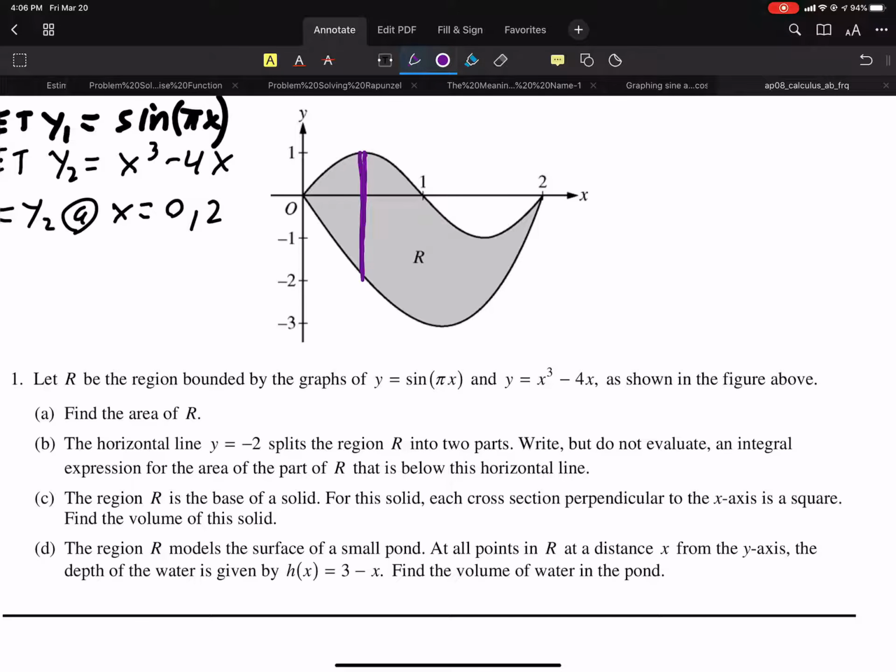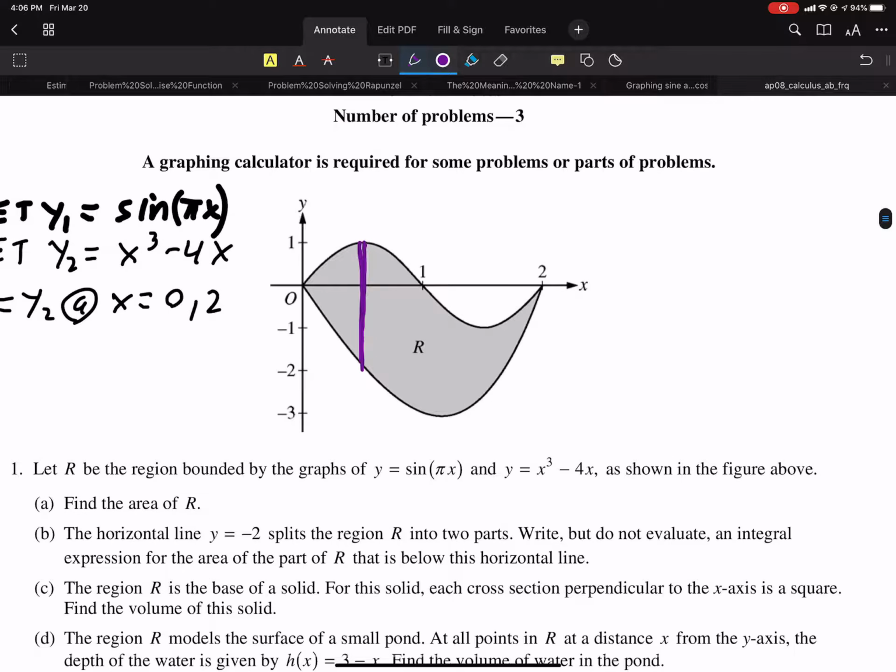And those slices come out, so I don't know if you can even picture this. They come out of the screen. And the shape is a square. And you have those all the way across. There's the base. And it's rising up out of the paper.